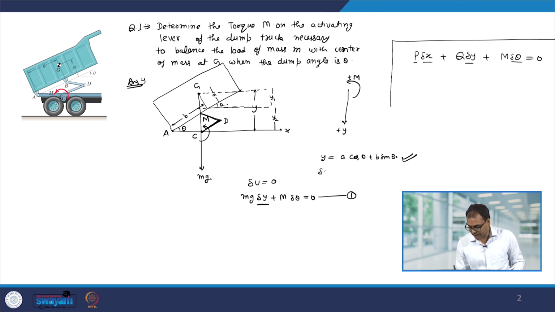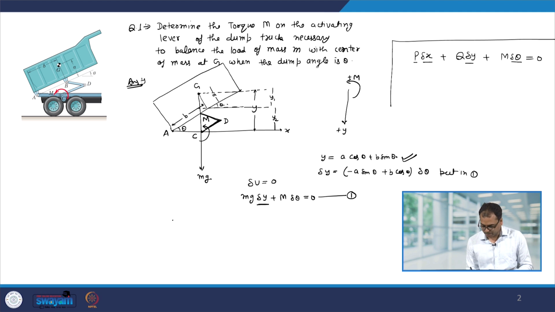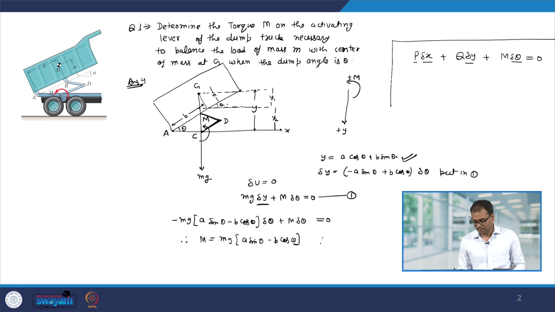From here my delta y will be minus a sin theta plus b cos theta, times delta theta. Let us put this in equation number 1. So we have mg times minus a sin theta plus b cos theta, delta theta, plus M delta theta equal to 0. Therefore, M comes out to be mg times a sin theta minus b cos theta.